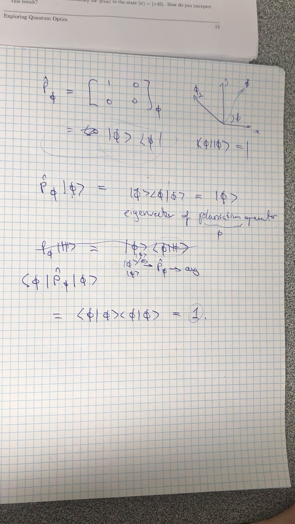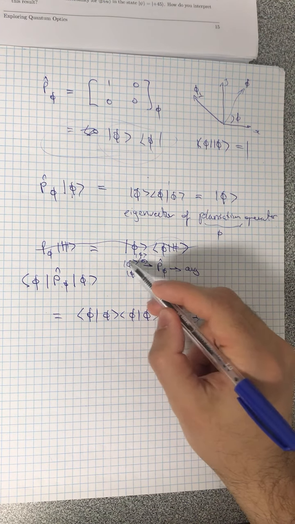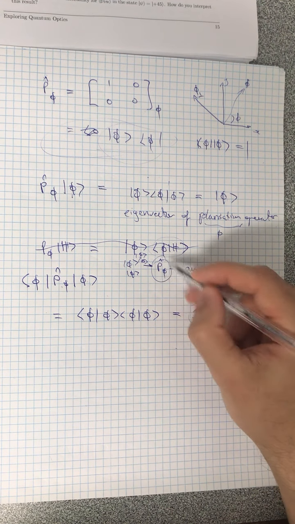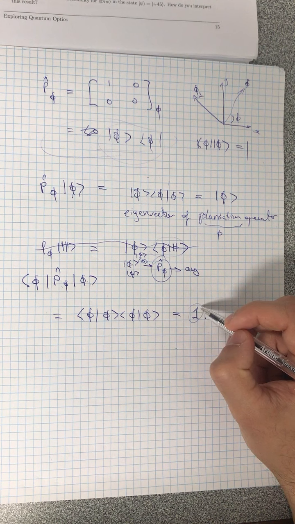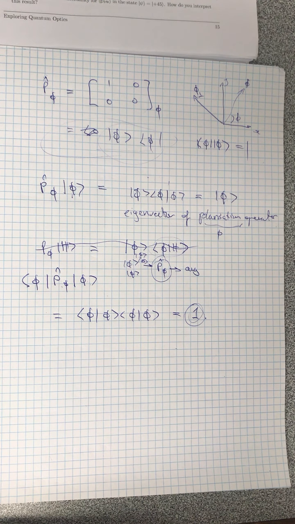Now, what does that mean? Right, so it essentially just means that every time you send in all of these phi state photons, and you do the measurement that corresponds to a phi projection operator, you measure all of them in phi, which sort of makes sense.